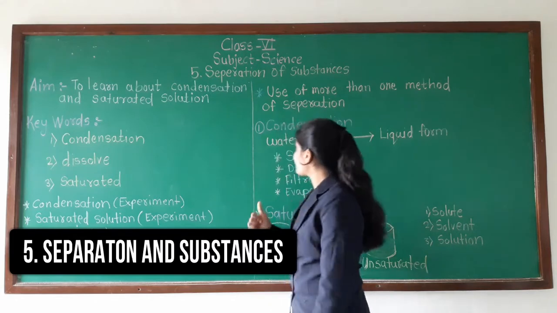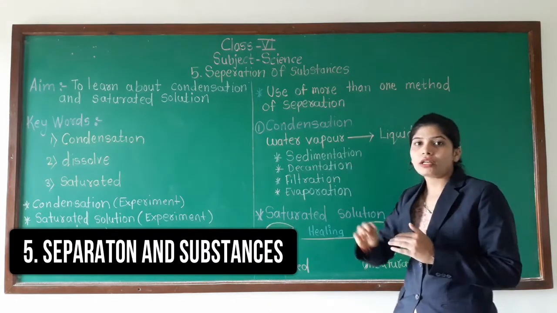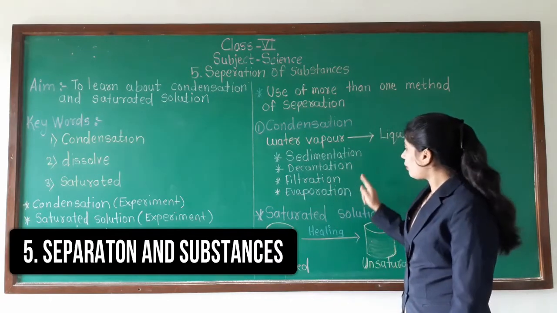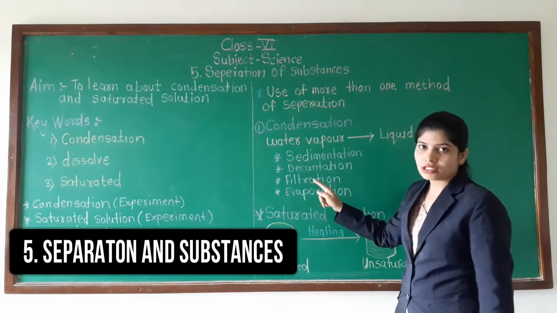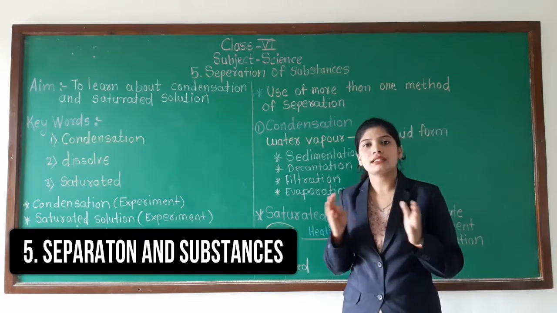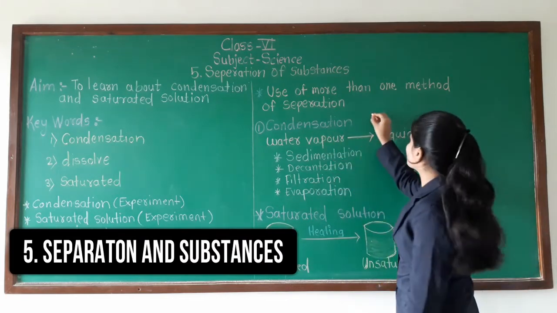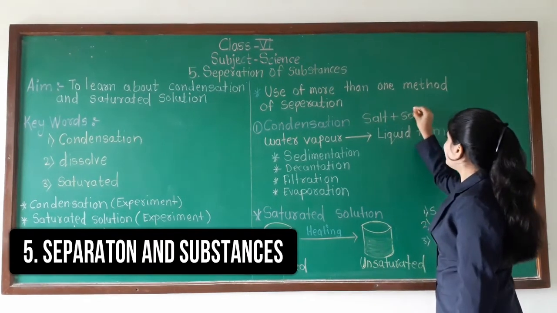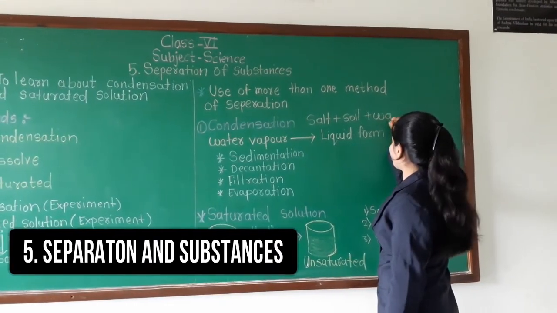So first we will start with condensation, where we are using more than one method of separation. One by one we will do that, and after all these things we will get the separate substances. So in this condensation we are going to mix salt, some soil, you can take sand also, and water.